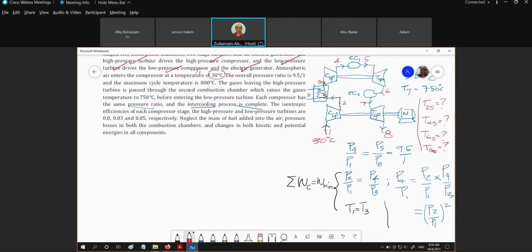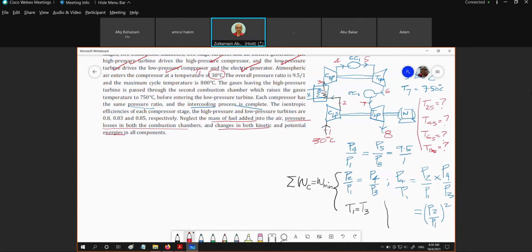So neglect mass of fuel, neglect pressure losses for both the combustion chamber and also the intercooler, and neglect the changes of kinetic energy and potential energy.